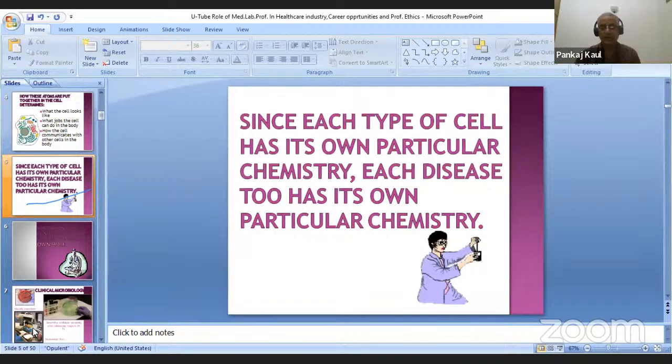Since each type of cell has its own particular chemistry, each disease too has its own particular chemistry.